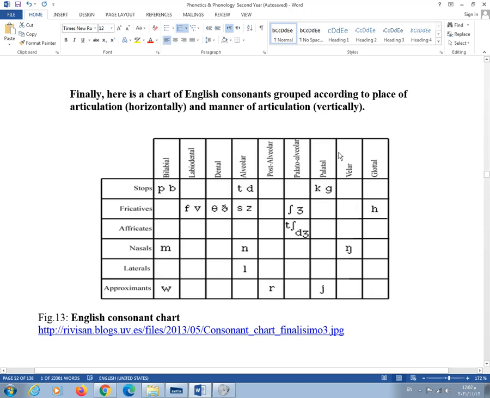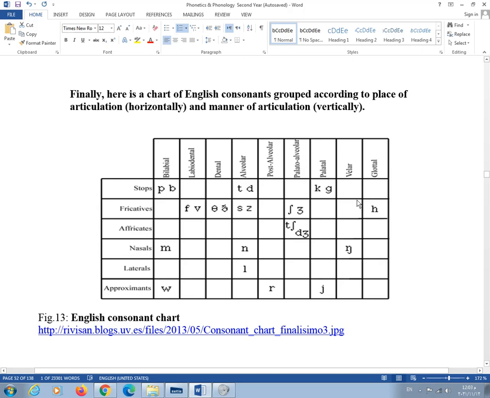Bilabial: P, B, M, W. Labiodental: F, V. Dental: theta, eth. Alveolar: T, D, S, Z, N, L. Post-alveolar: R. Palato-alveolar: sh, zh, ch, j. Palatal: K and G. I think that they are velar, so these two must be here.